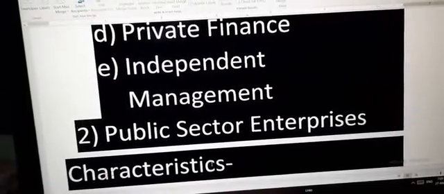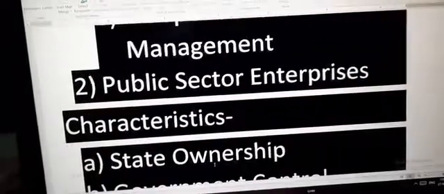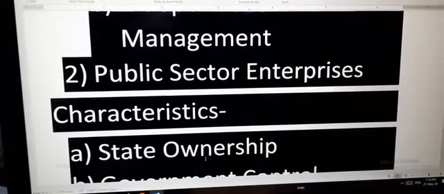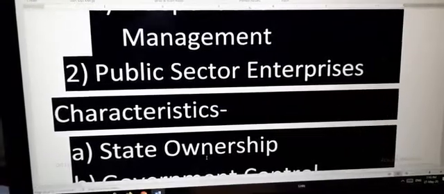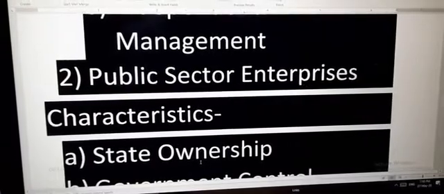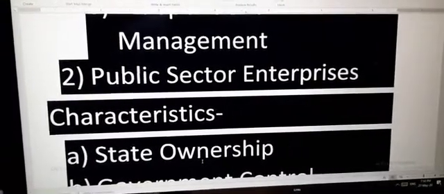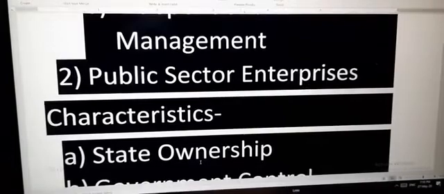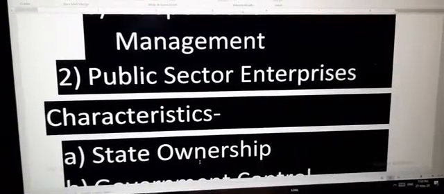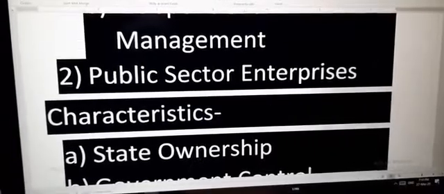Now the second is public sector enterprises. Business enterprises owned and operated by the government or any of its agencies are called public enterprises. Private was in the hands of a person, but in the public sector it is owned and controlled by the government.